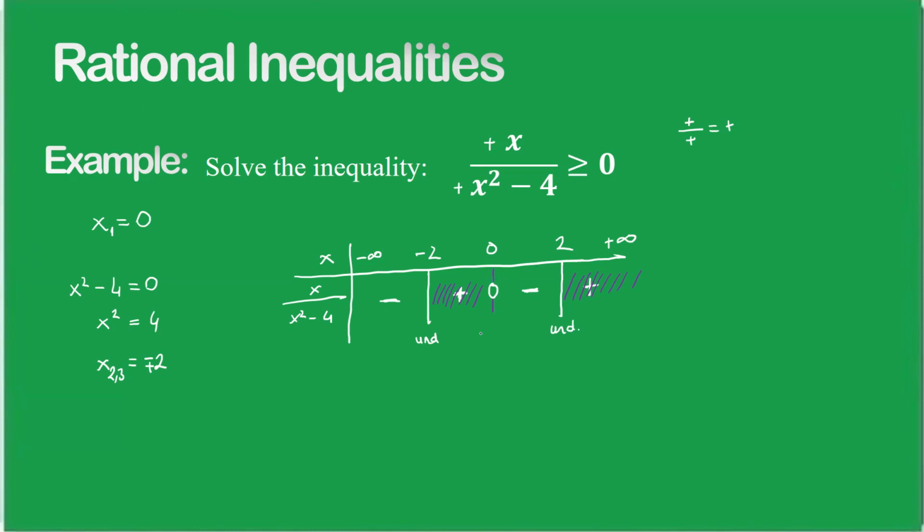This is also a member of the solution set. x is an element of from minus 2 to 0, but minus 2 is open because it makes the expression undefined, so we're not including this number. And what about the number 0? I'm including that. Union. What about 2? 2 is also open, and plus infinity. This is our solution set.